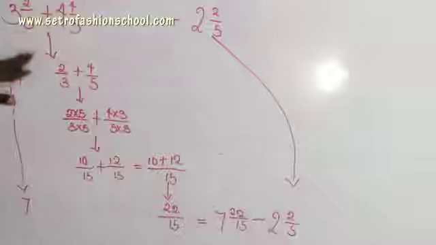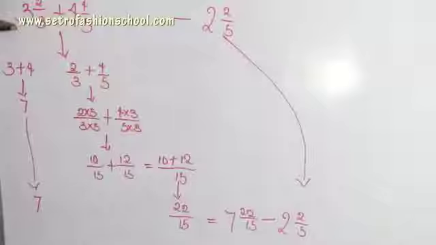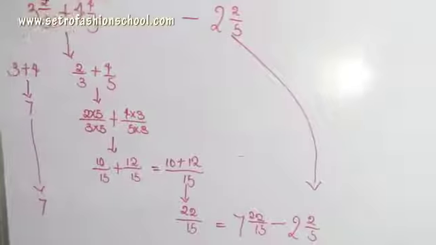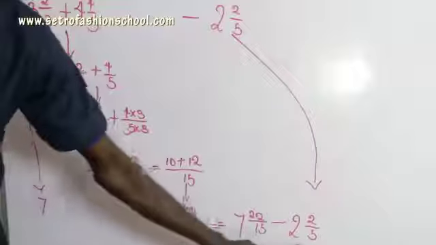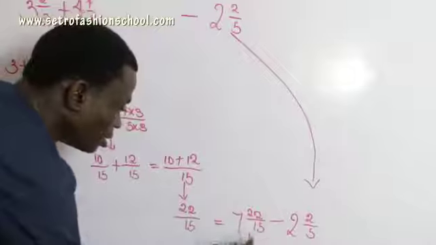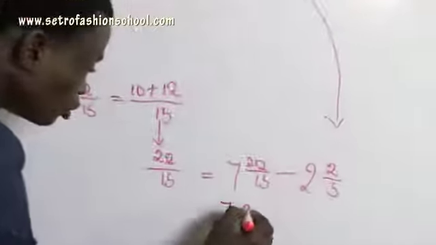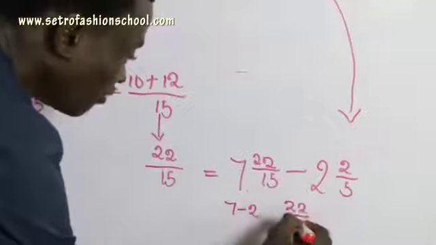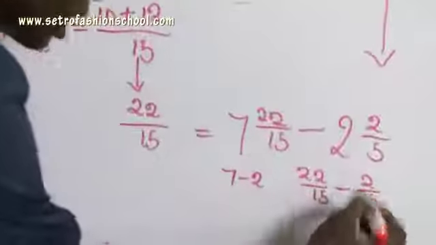Now, just like what we did in the previous addition where we had the whole numbers 3 and 4, and we separated them from the fractions, we are also going to separate the whole number and the fraction at the same time. That's going to be 7 minus 2, then 22 all over 15 minus 2 all over 5.